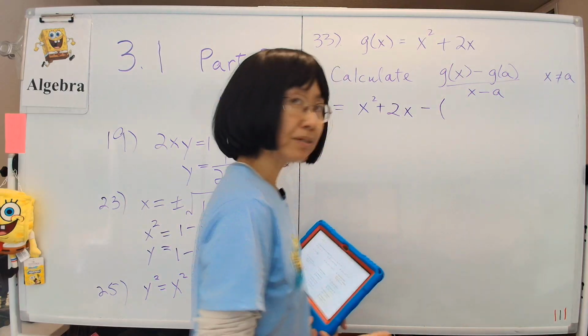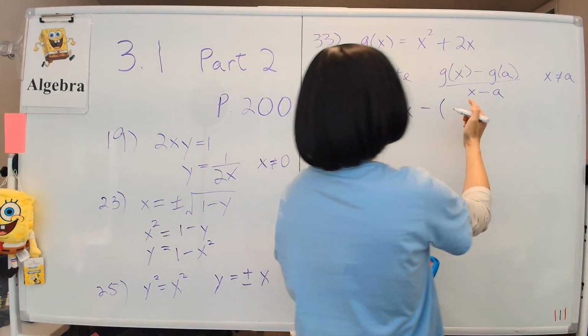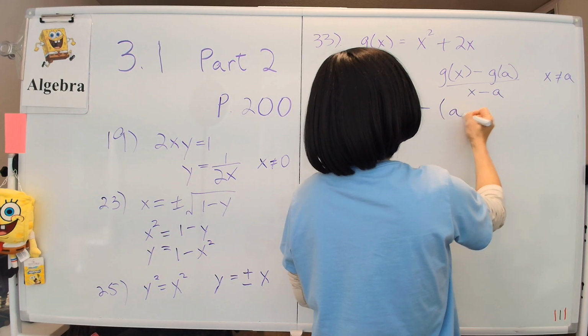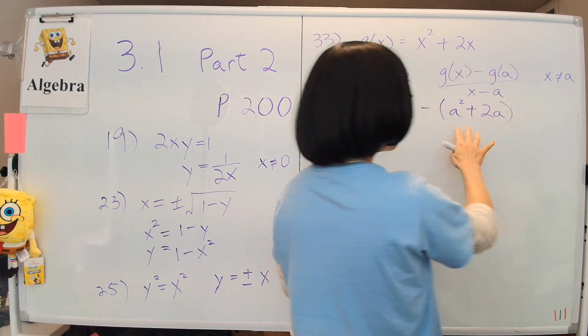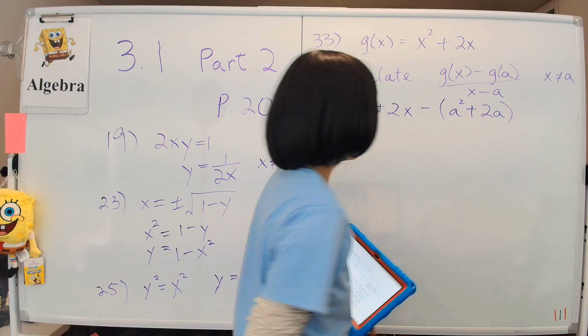Let's draw it in parentheses because you're going to be minusing a bunch of stuff. For g of a, we plug a in place of x, then we get a squared plus 2a. So that's all g of a is.